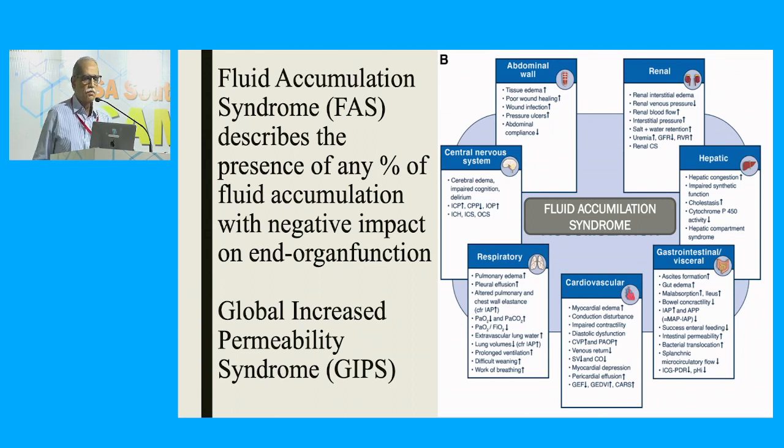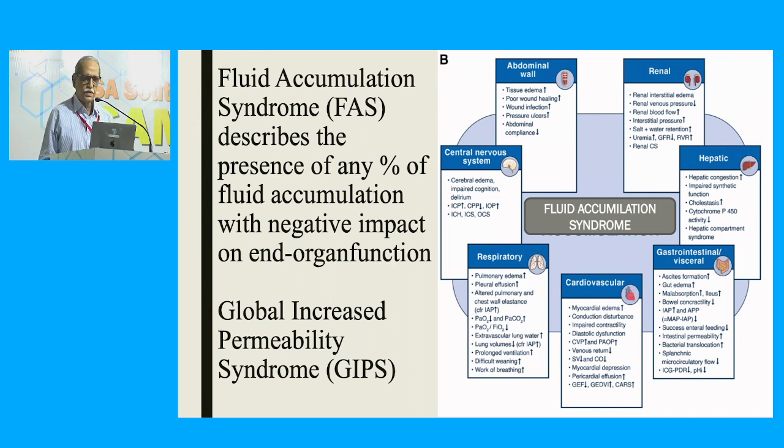The fluid accumulation syndrome describes the presence of any percentage of fluid accumulation with negative impact on end organ function. The end organ function is what is more important when you talk about fluid accumulation syndrome. So you can see the abdominal wall gets tissue edema, renal interstitial edema occurs, hepatic congestion, impaired synthetic function of the liver occurs.